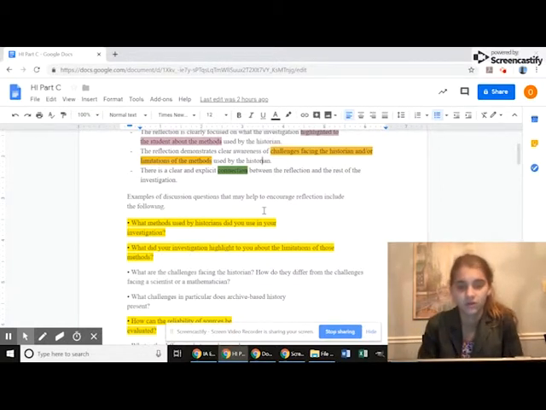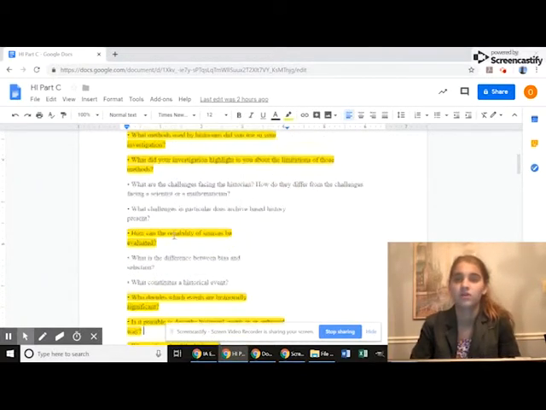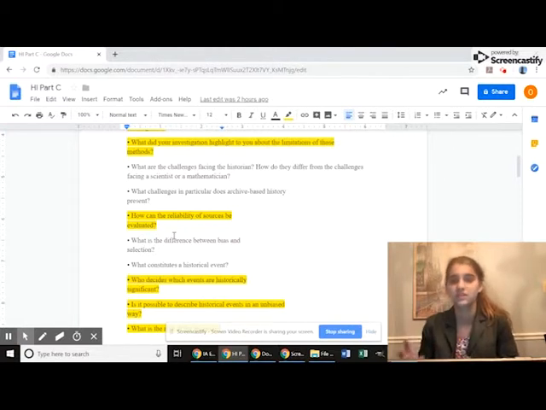So for example, let's see, we've got, what methods used by the historian did you use in your investigation? So you could talk about research, or I think Laura talked about historical precedent, so that's an important one. And then reliability of sources. So she talked also a little bit about extremist sources and how important those can be in her argument.